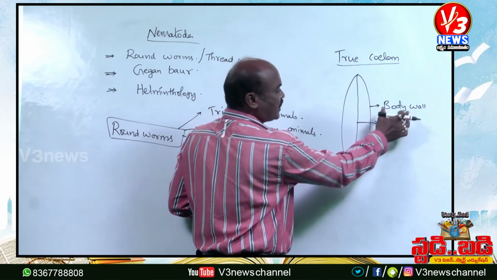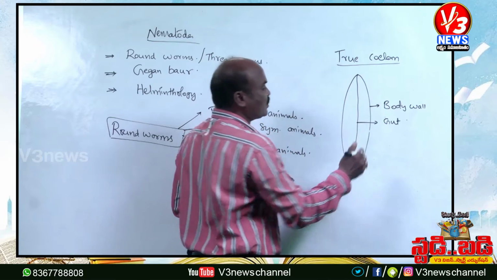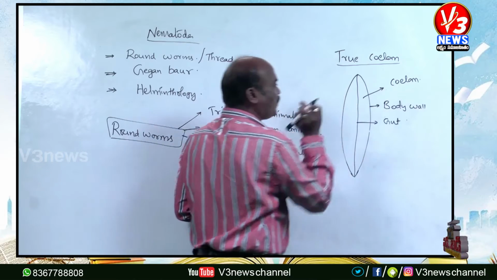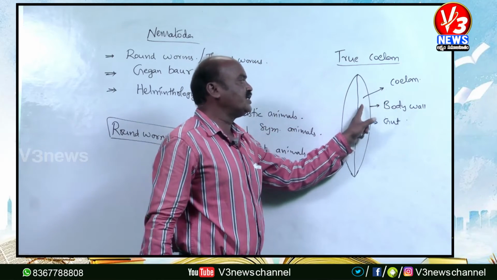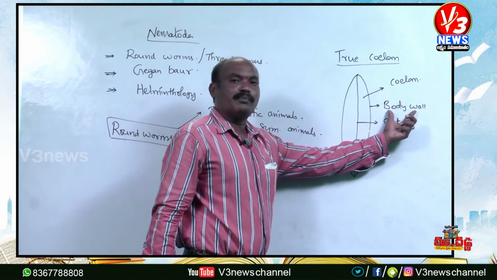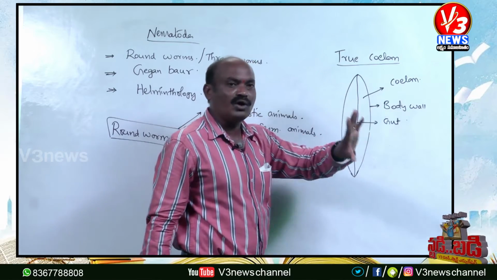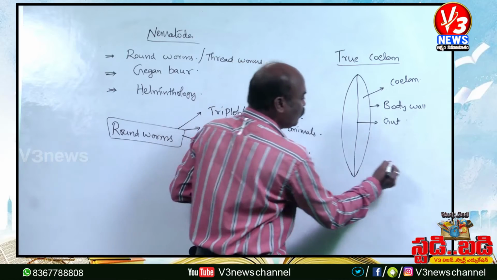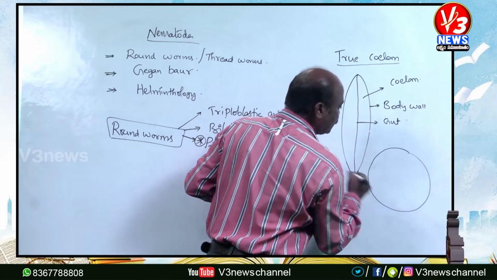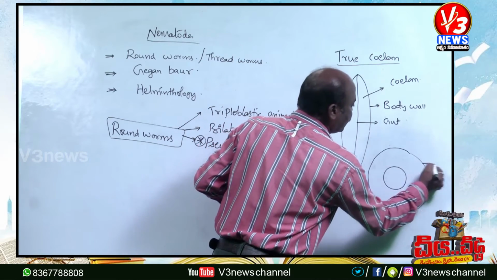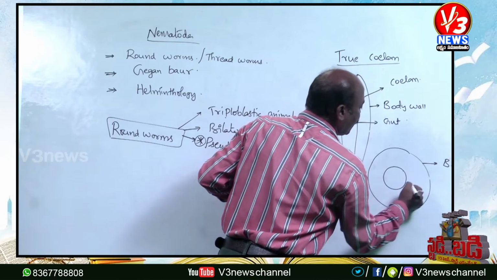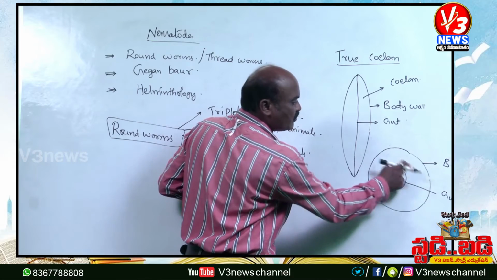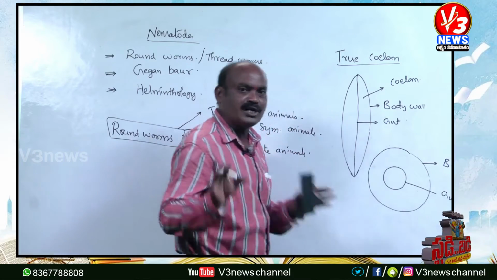The space present between the body wall and gut is called coelom. So coelom is the space present between the body wall and gut. If it is a true coelom, I will give the transverse section. Here it is the body wall and this is the gut.